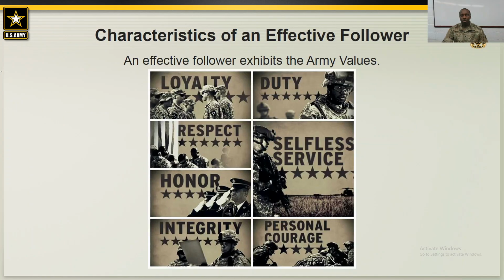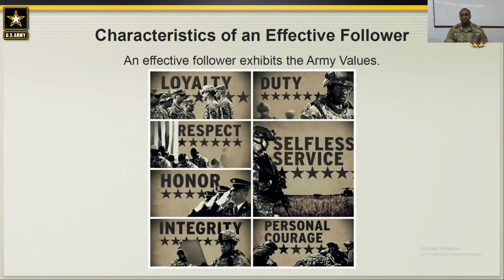All right. So an effective follower displays all of the Army values, which are loyalty, duty, respect, selfless service, honor, integrity, and personal courage. All right. So loyalty, looking out for everybody's well-being and the leaders. Duty, fulfilling your obligations or carrying out things to the best of your ability.